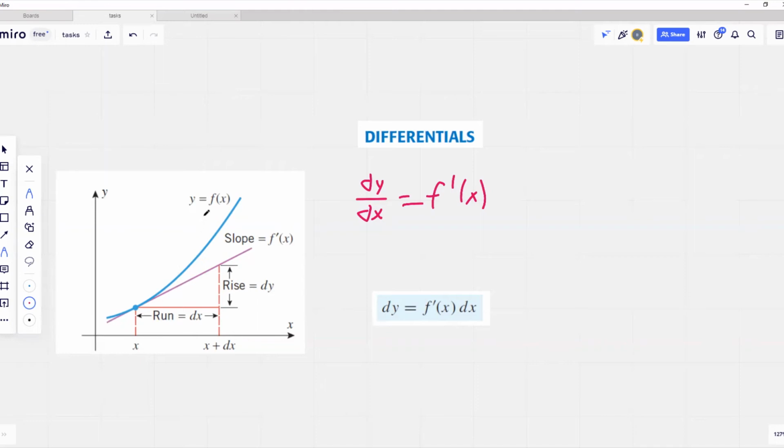If we look at the curve of function f of x, let's take an arbitrary point x. Then the slope of the tangent line is presented as f prime of x, and it represents the tangent of the following angle theta of the tangent line.